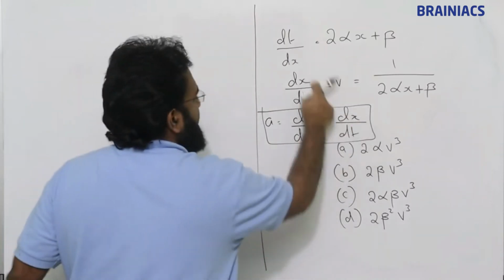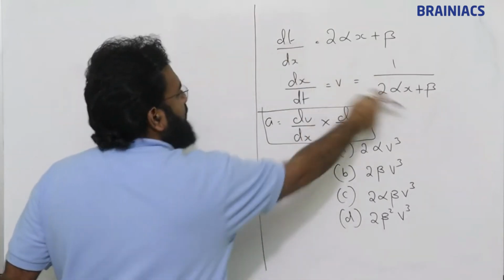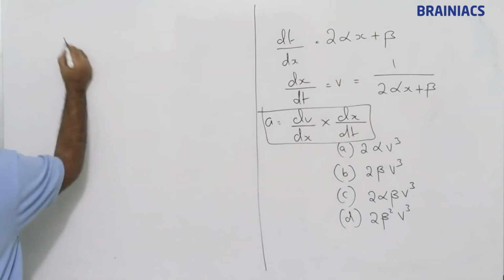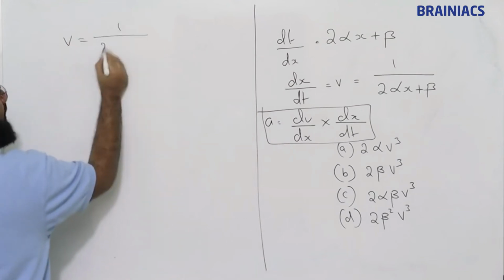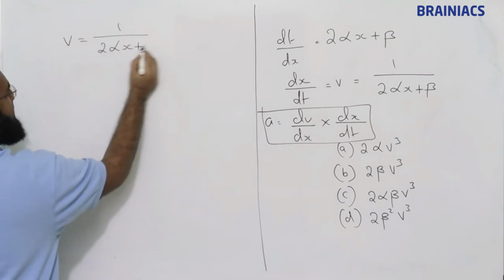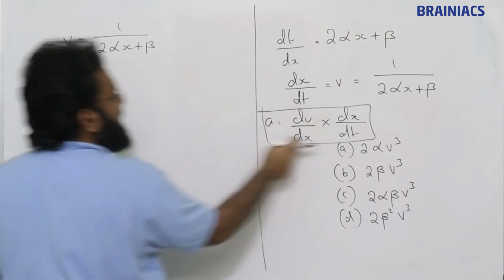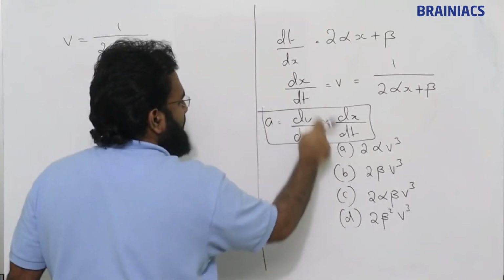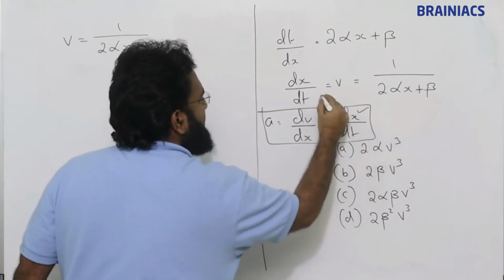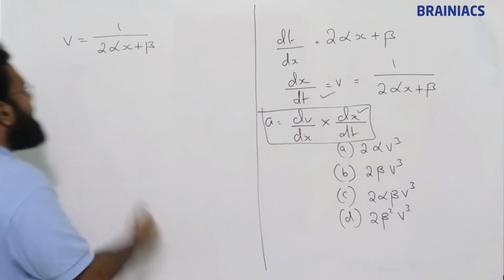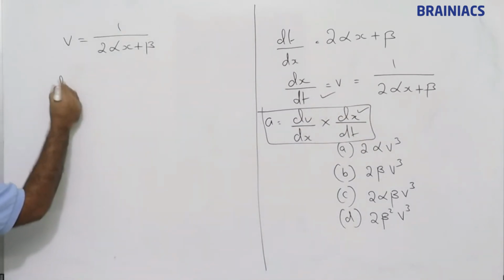So one side is ready, dx by dt is ready. Now this is v, na? V is what? 1 by 2 alpha x plus beta. Now if we differentiate this with respect to x, we will get this term also. This term is ready, it is here. Clear or what?